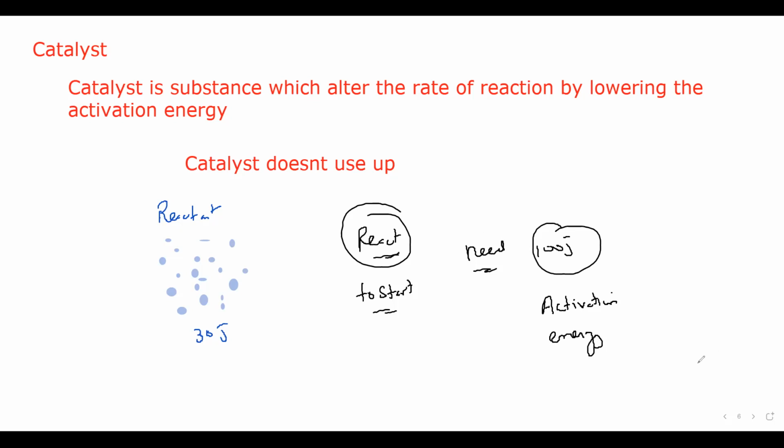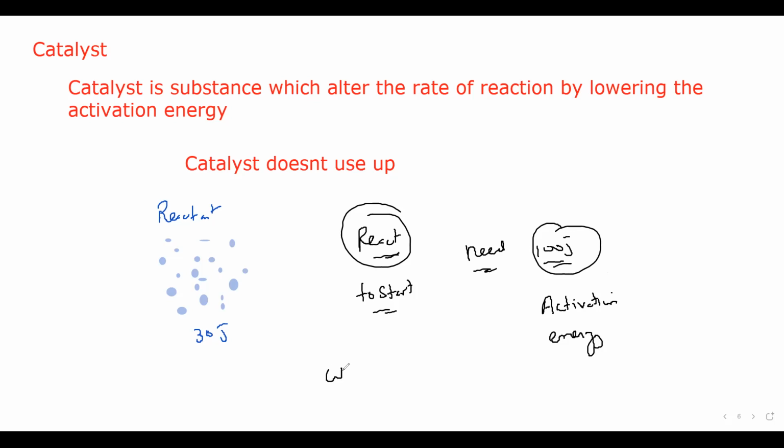So what is the catalyst? A catalyst is a substance. It can be a solid, liquid or gas, but normally the catalyst is a solid or liquid, not a gas. So a catalyst is a substance or a chemical which lowers the activation energy. For example, without a catalyst, it needs 100 joules of energy.